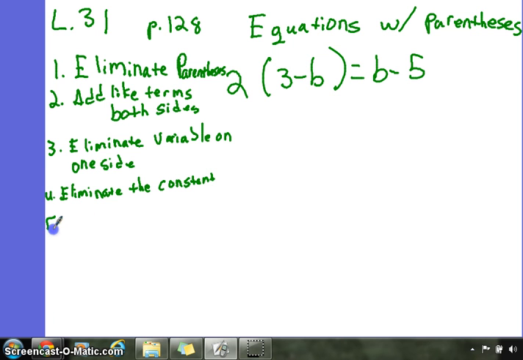And then our fifth step is we will eliminate the coefficient. On one side, I should have said. And then eliminate the coefficient.